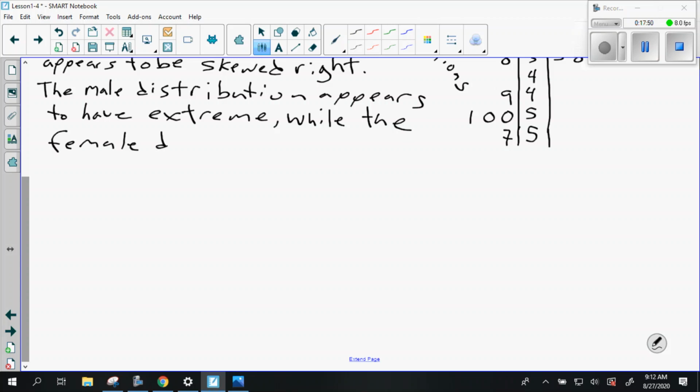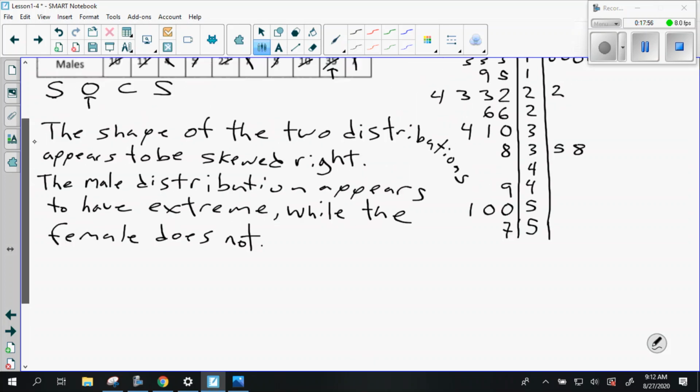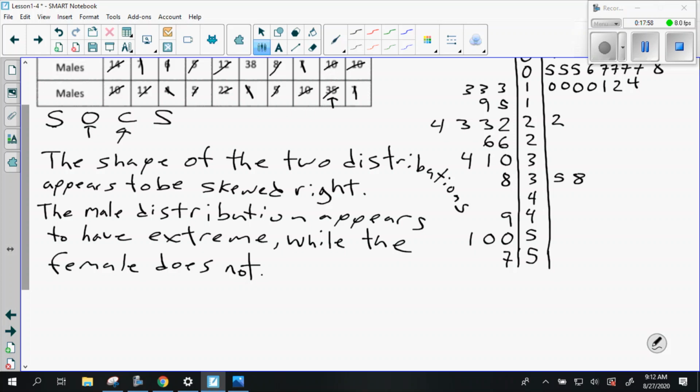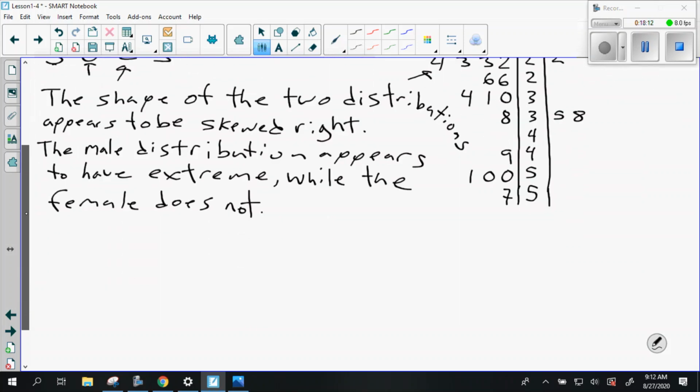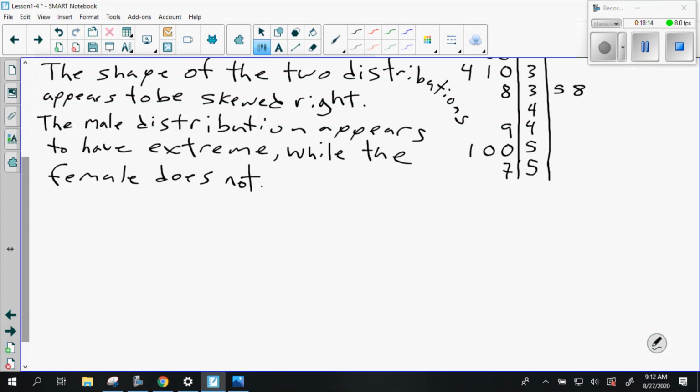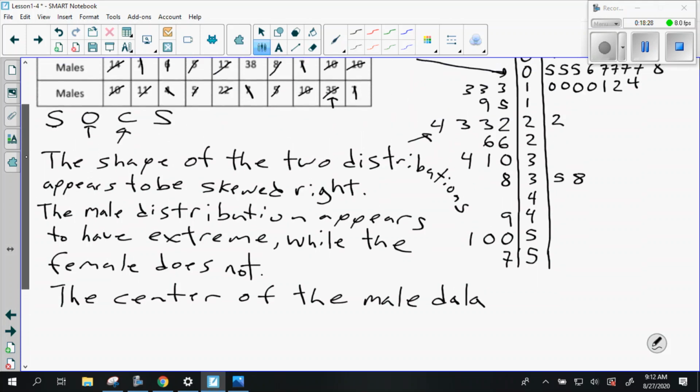Let's talk about center. It looks like probably the center of the male data is going to be somewhere around here, while the center of the female data is probably going to be somewhere around there. So we could say that the center of the male data is less or lower than the center of the female data. Just comparing the two. And let's make sure that we have that is lower than the female data. The center of the male distribution, sorry, that's going to be the better word to use there.